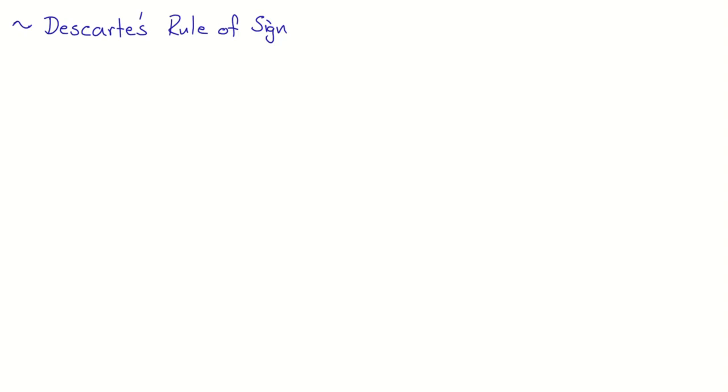So for this, given a polynomial function, and you can write this, given a polynomial function, like Descartes figured this out, we have a way to see the number and types of zeros we expect.